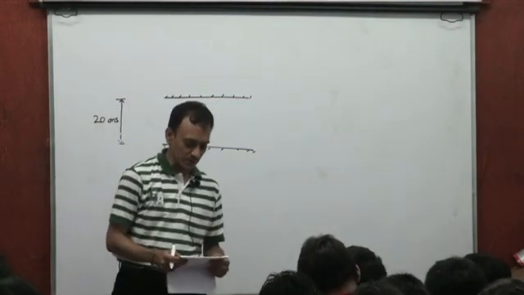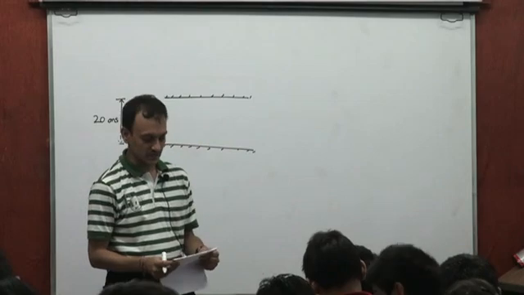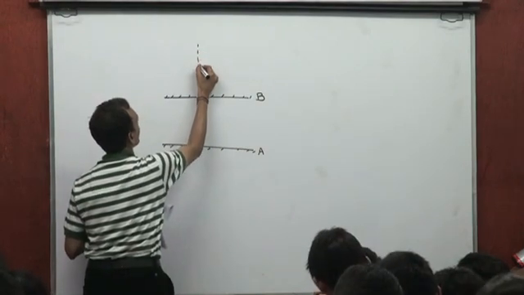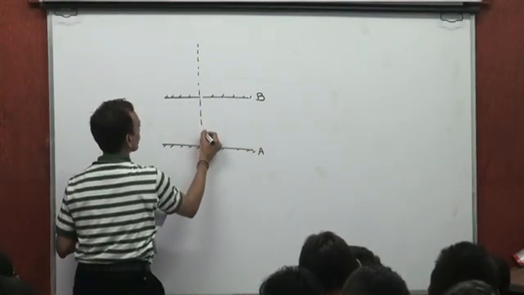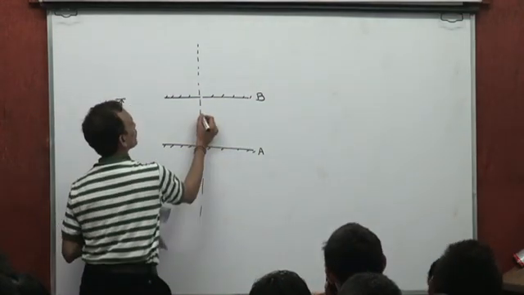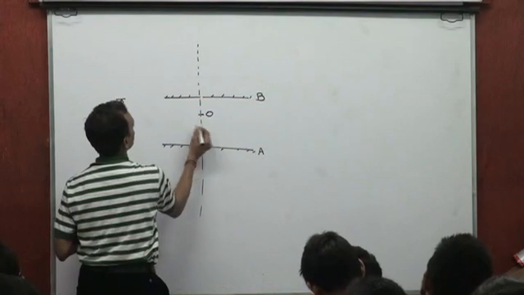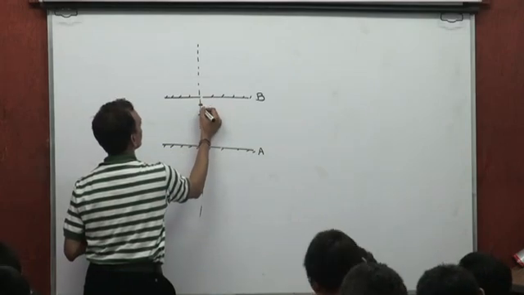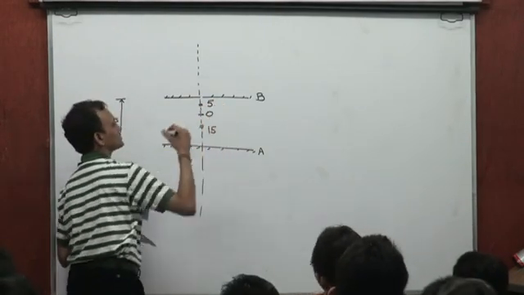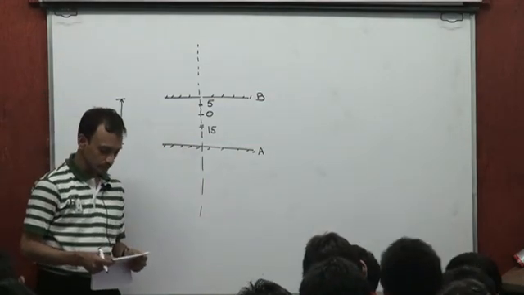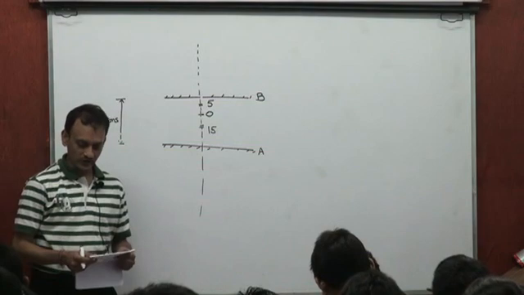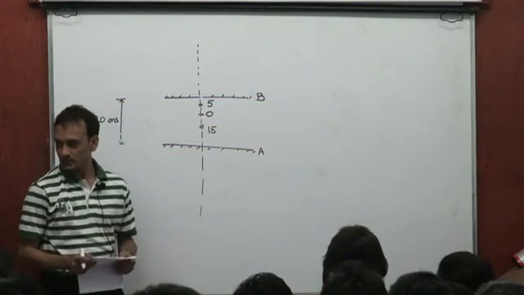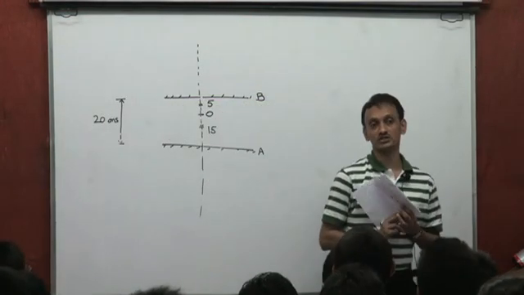An object is kept in between them at 15 centimeters from A. So this is A, let's say this is B. This is the object O, kept 15 centimeters from A, 5 centimeters from B. Out of the following, at which points are images not formed in mirror A, distances measured from mirror A? Again, two series of images.